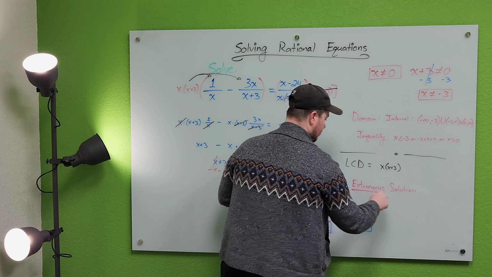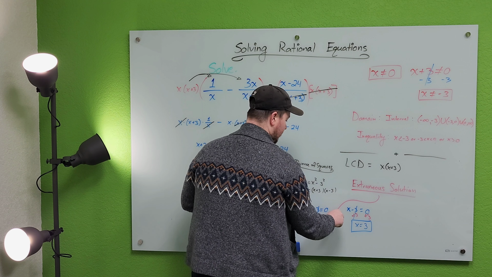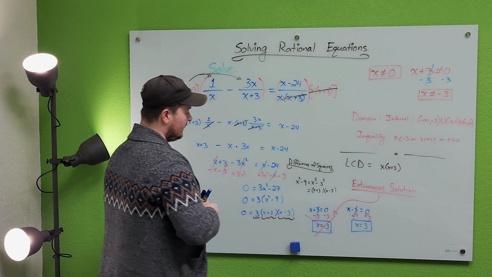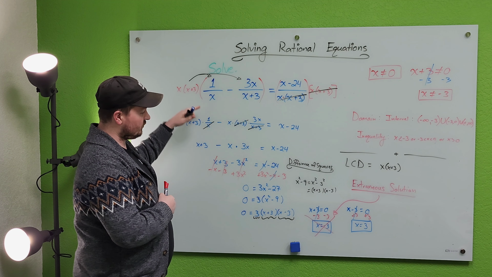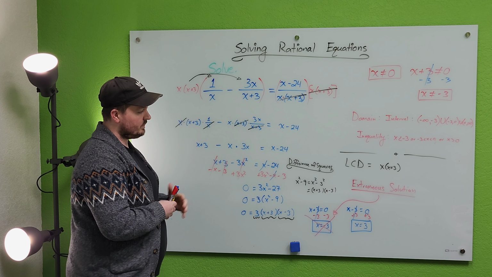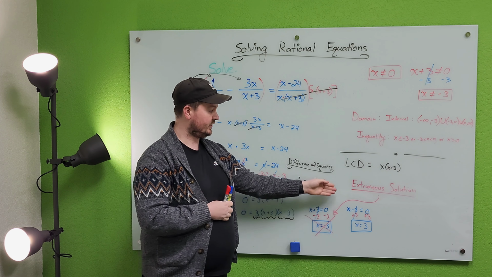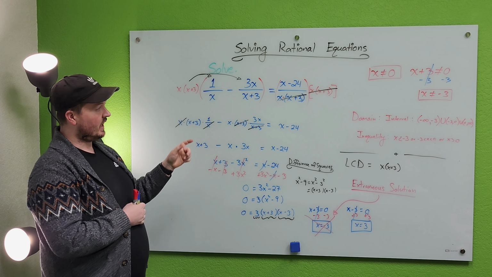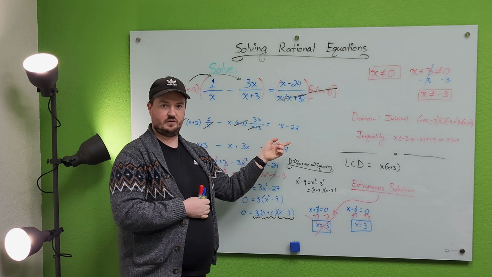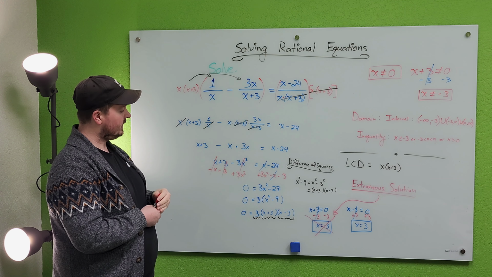So an extraneous solution is a solution that you're not allowed to use, but you obtain that solution through doing correct algebra. And what makes a particular value extraneous is that it's a value that is not in the domain of the original function, of any part of this original function.